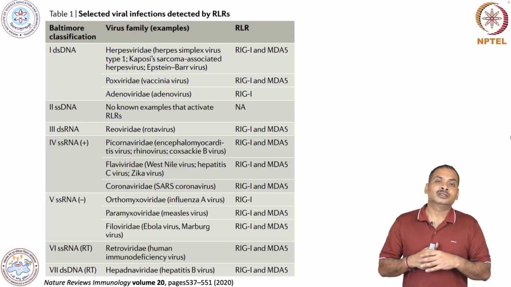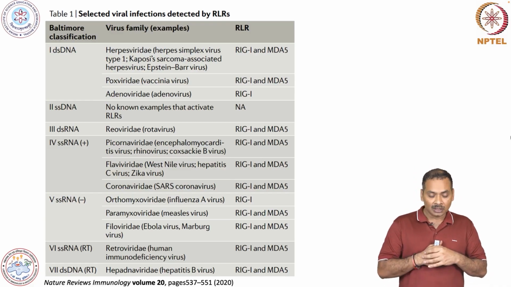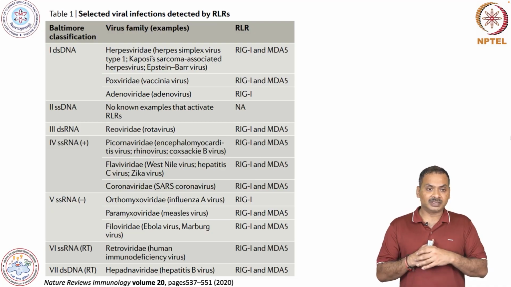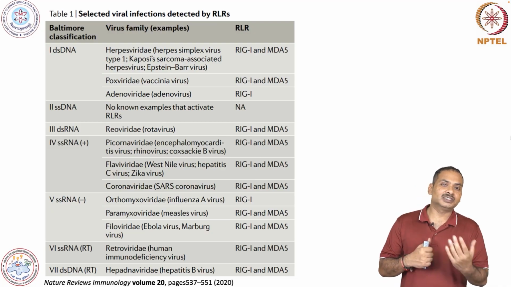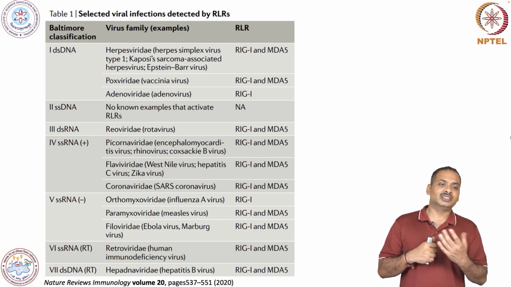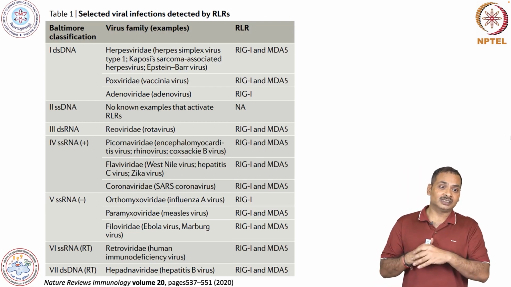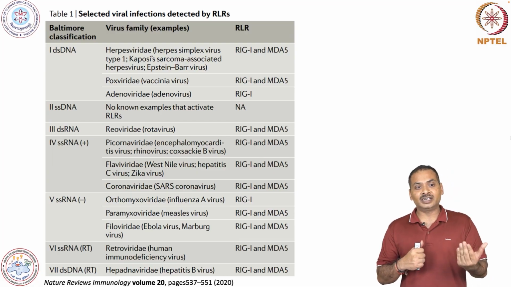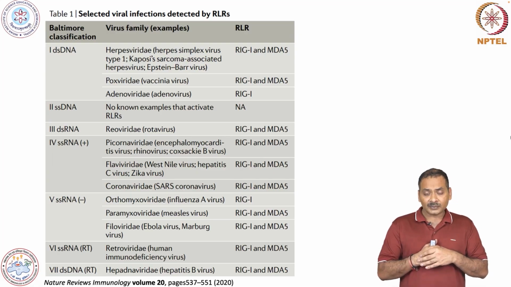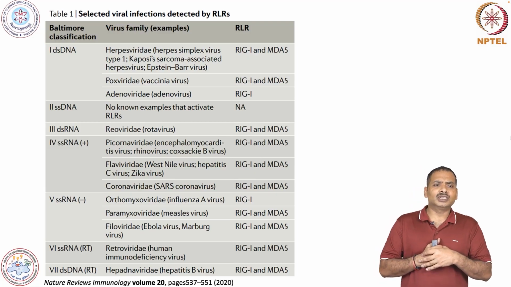Okay. And the 7 classes are grouped based on the combination of their nucleic acid, that is, the nucleic acid could be an RNA molecule, it could be a DNA molecule, and the strand they possess. For example, there is double stranded DNA, there is single stranded DNA, double stranded RNA, single stranded RNA with positive sense, okay, single stranded RNA negative sense, and so on. So, okay. So, this is the basis of this Baltimore classification.